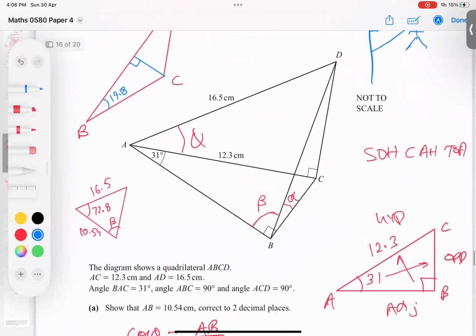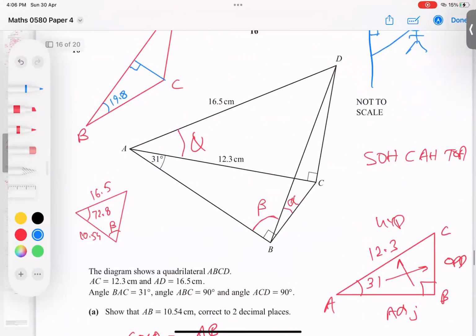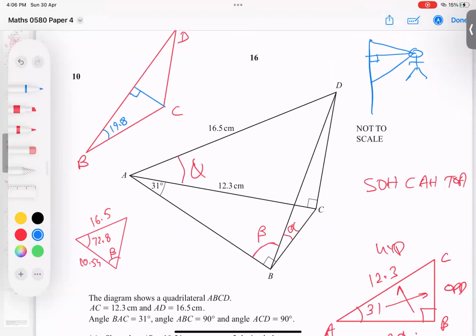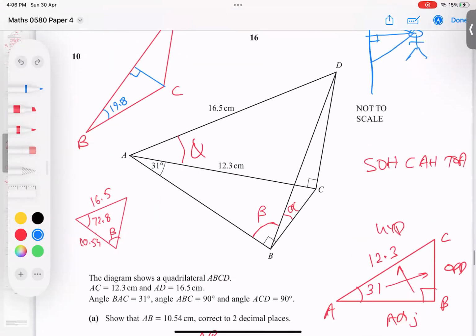I have DB, but DB has no benefit. Okay, it means I have to go by Pythagoras theorem and find DC. So first find DC, but no need of DC. If I get the other length, it is beneficial, and that is using this BC. And BC I need. So first of all, I will find BC.